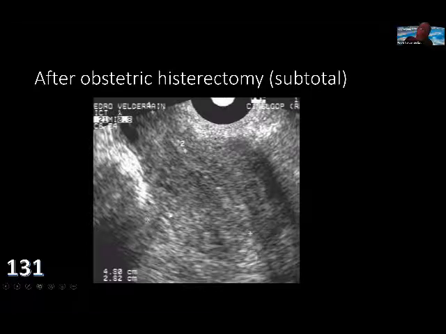You put 2 clamps and tie it, try not to injure ureter or uterine vessels, and keep the cervix and a small part of the uterine body or isthmus. So this patient had a subtotal obstetric hysterectomy, and this is what we find for her. Small uterus left over.